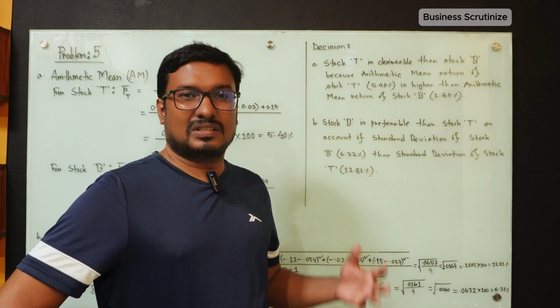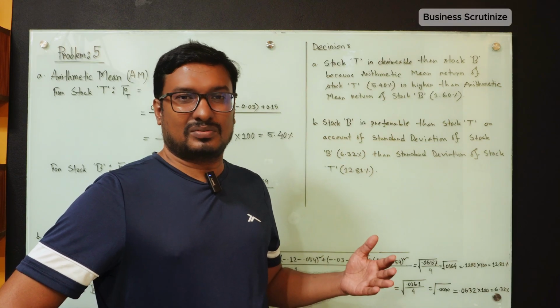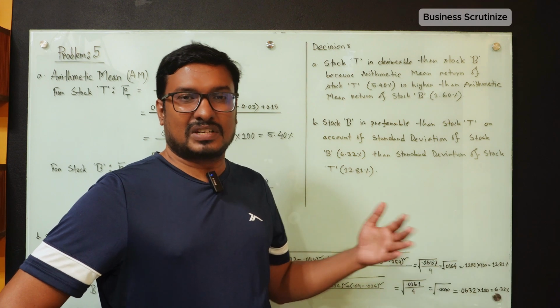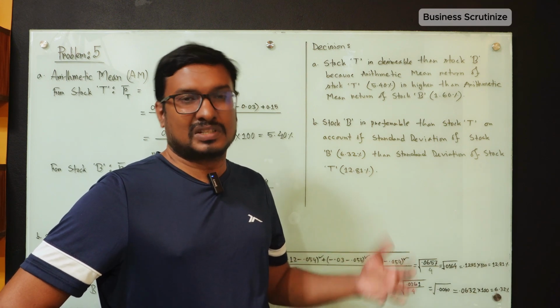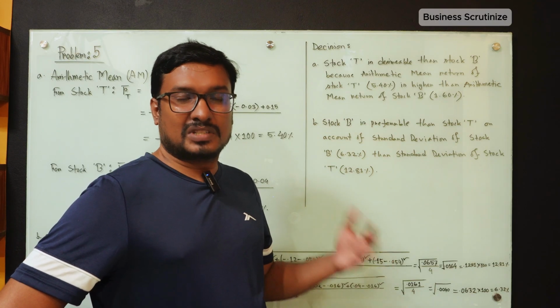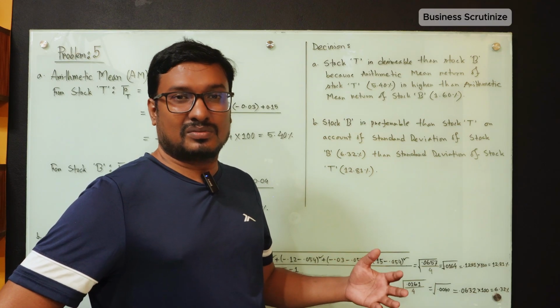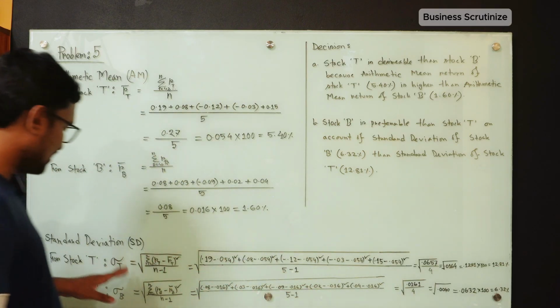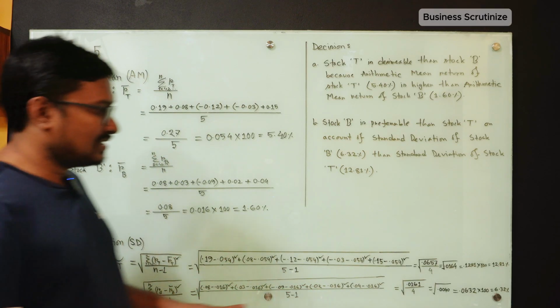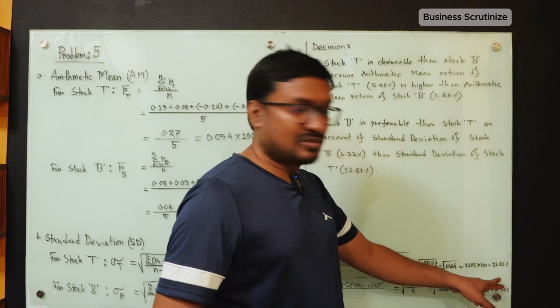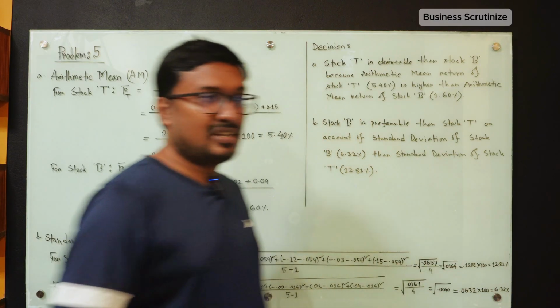We will consider the lower percentage of standard deviation, because a higher percentage of standard deviation shows higher volatility or higher risk. So we will select that stock which has a lower percentage of standard deviation. So between the two stocks, stock T and stock B, we can see that stock B has a lower percentage of standard deviation than stock T, which is 12.81%.